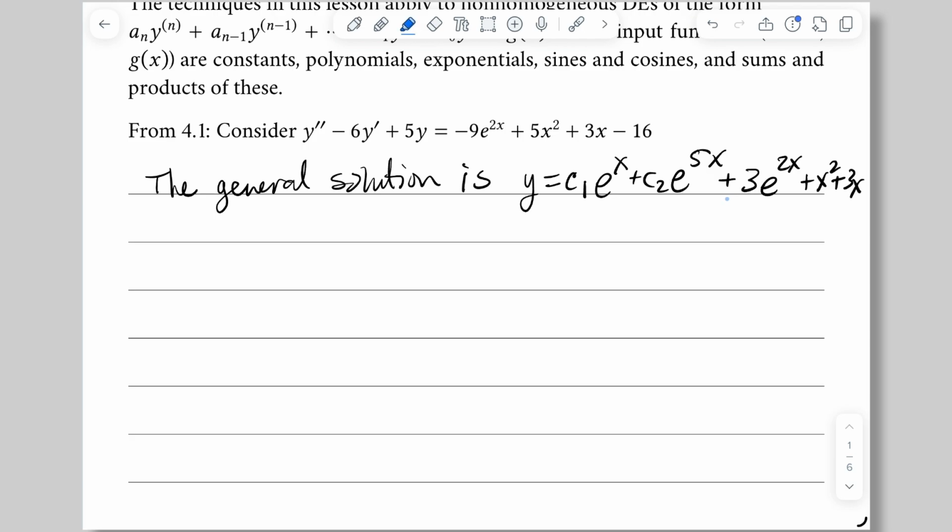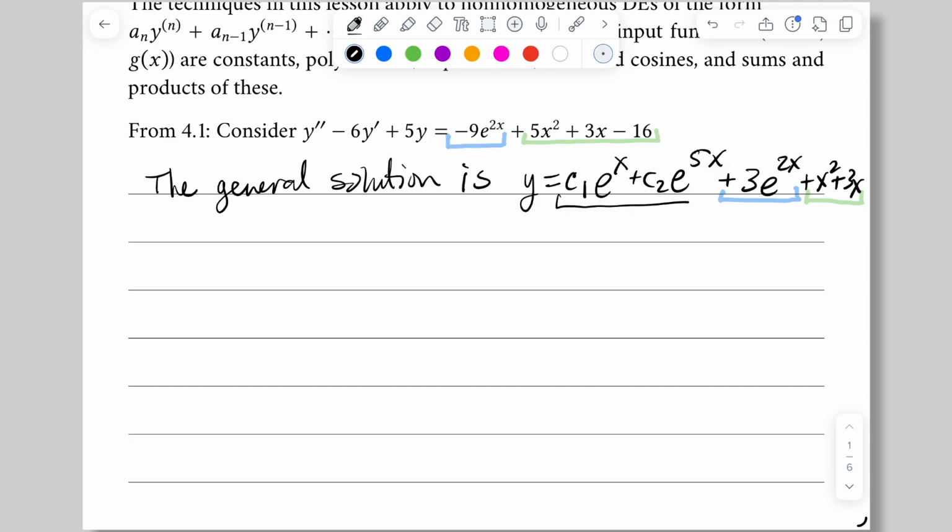And essentially the 3e to the 2x is a solution because of the existence of negative 9e to the 2x in the differential equation, and the existence of x squared plus 3x is due to the existence of 5x squared plus 3x minus 16 in the original equation. You've already seen how to get the c1e to the x and c2e to the 5x.